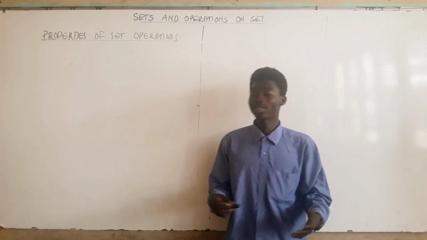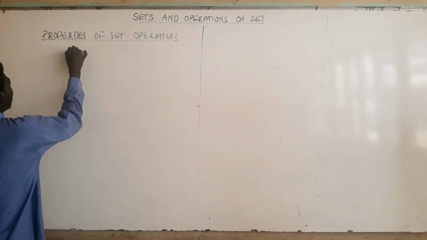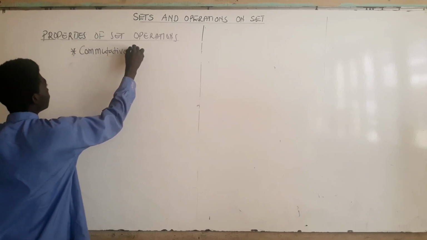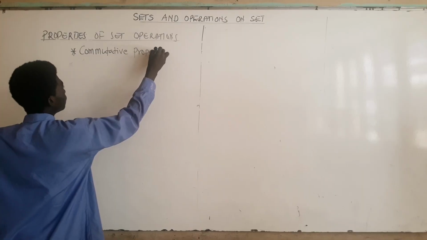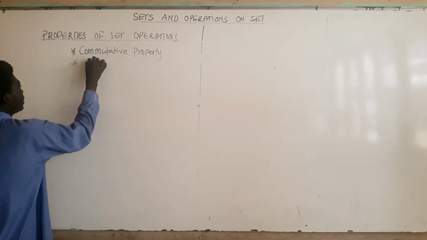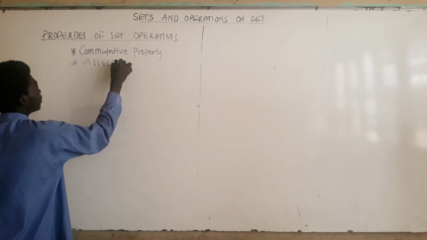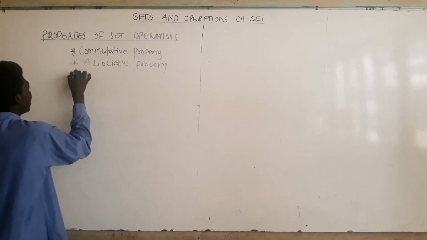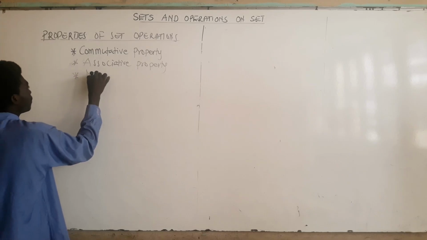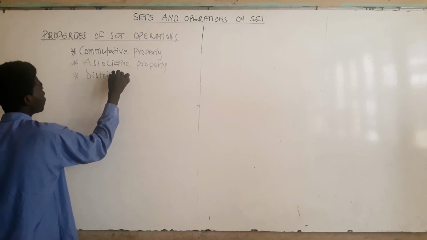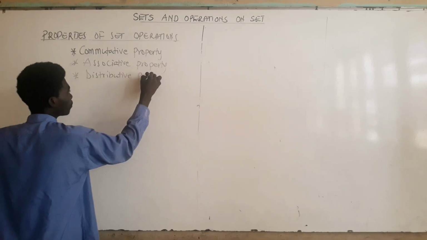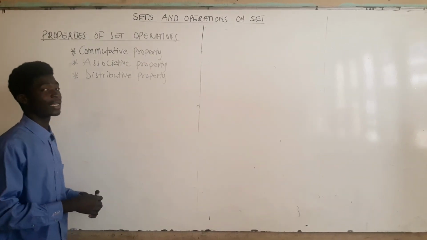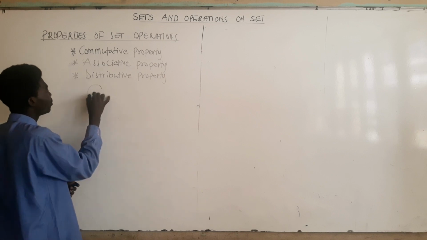The 3 properties are the commutative property, the associative property, and lastly the distributive property. Now let's take them one after the other and explain. So we begin with the commutative property.